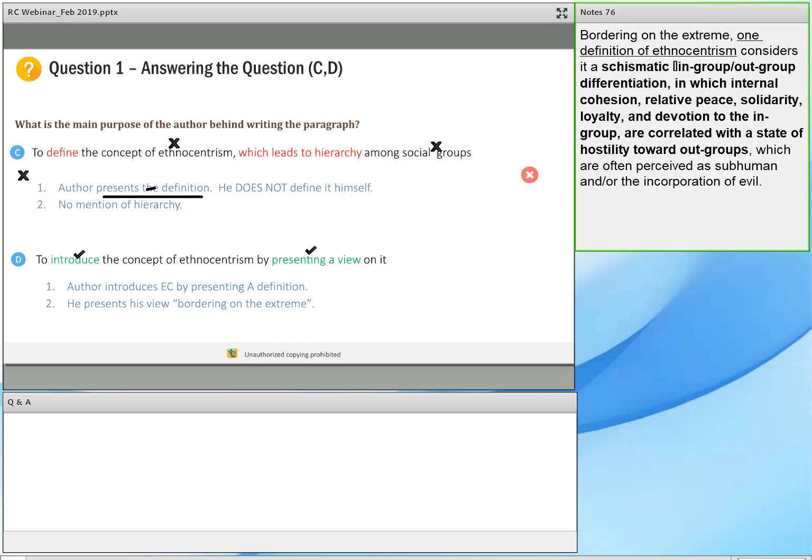Okay. So again, these answer choices might seem close, but when you evaluate each one of them with the information given in the passage, you're going to find that the correct answer choice is absolutely correct. The incorrect answer choice is absolutely incorrect. There are no two ways about it.